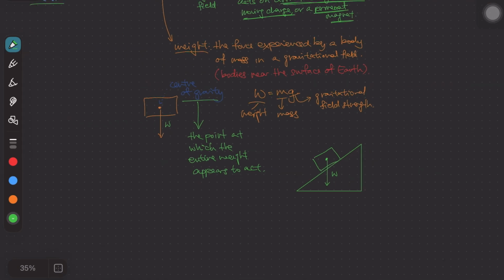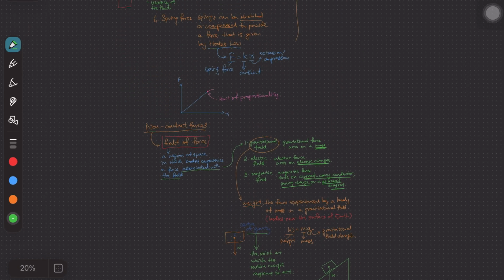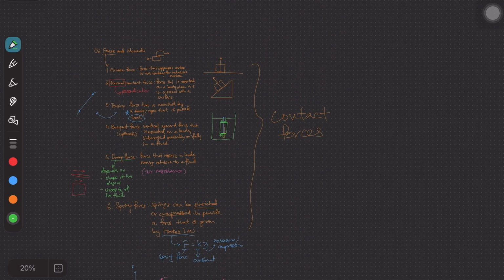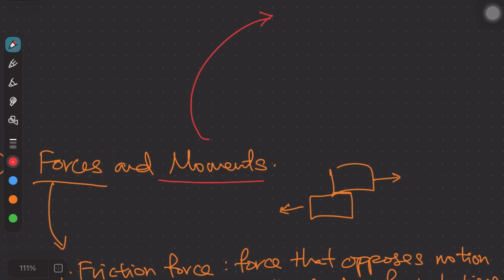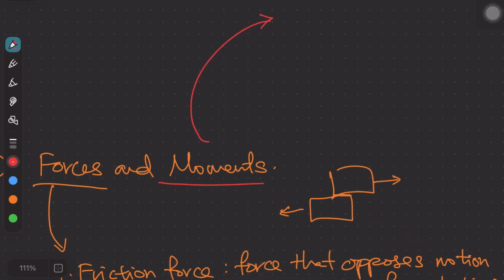Now that we have talked a lot about forces, let's take a look at moments. Let's expand upwards. So what is a moment?